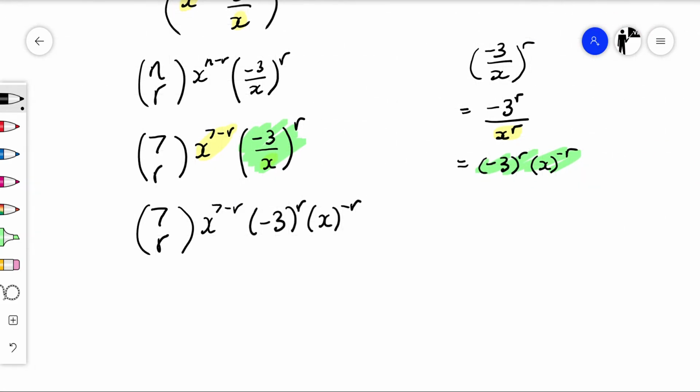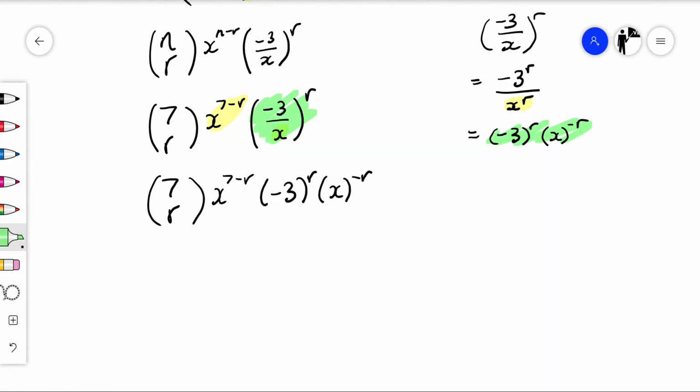Next wee thing, we want to try and combine these x's here. Note that all these three terms are multiplying. So essentially, I'm going to do this over the side again. I've got x to the 7 minus r times x to the minus r. So if we use our law of indices, if we are multiplying, we're going to add these powers.